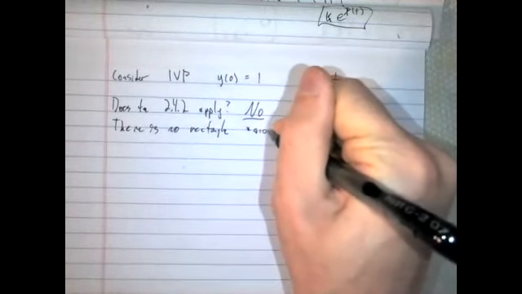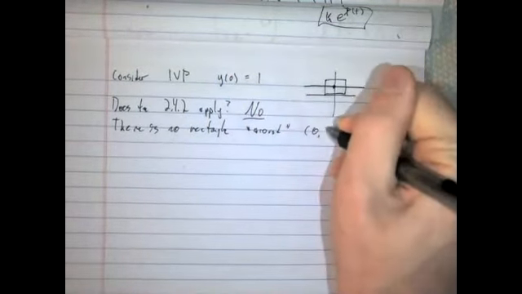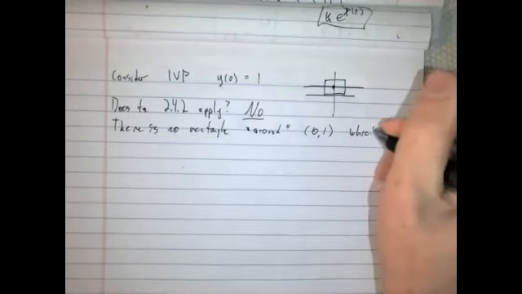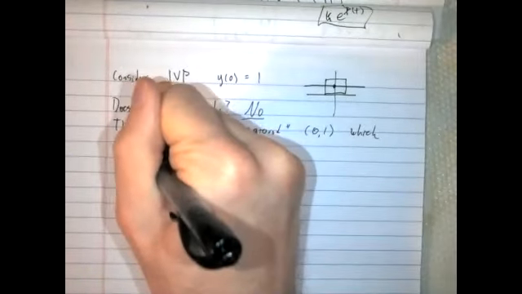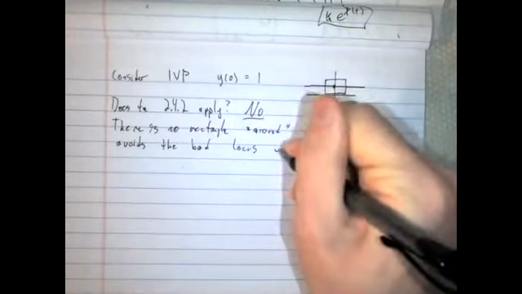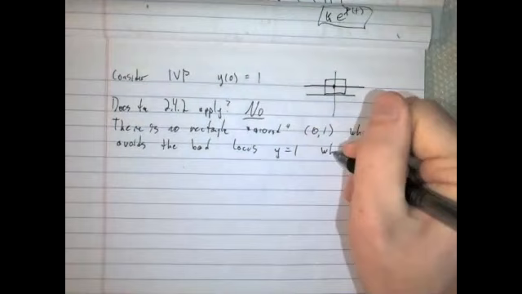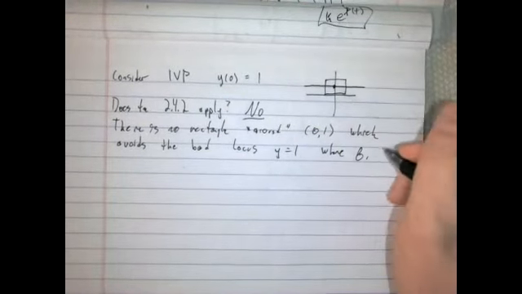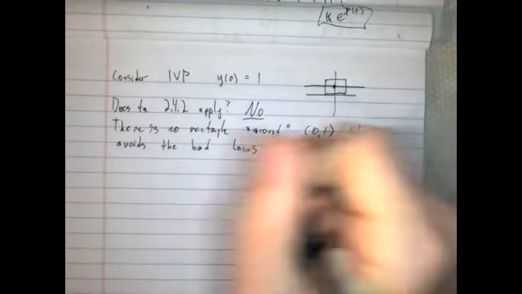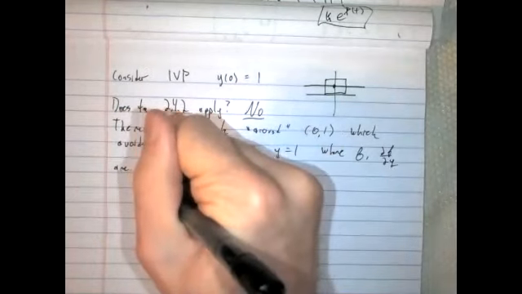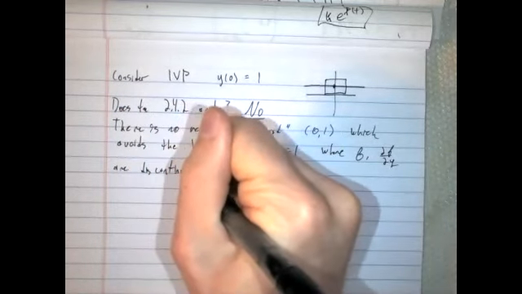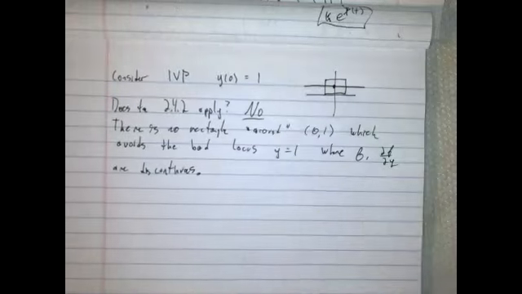There is no rectangle around (0, 1) which avoids the bad locus, y equals 1, where f and partial of f with respect to y are discontinuous. Right?